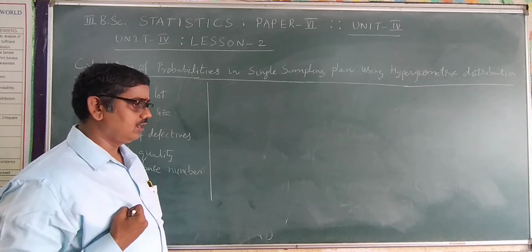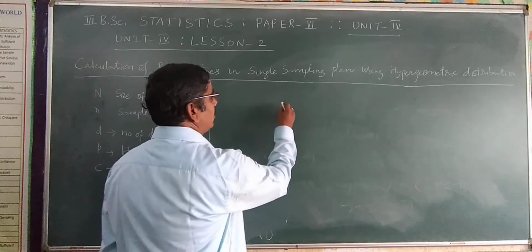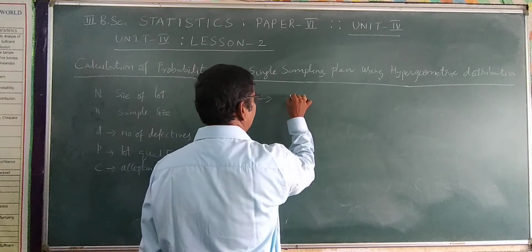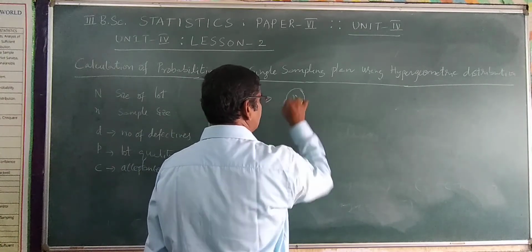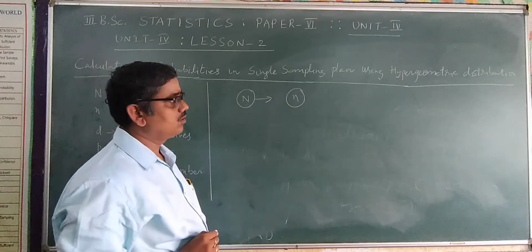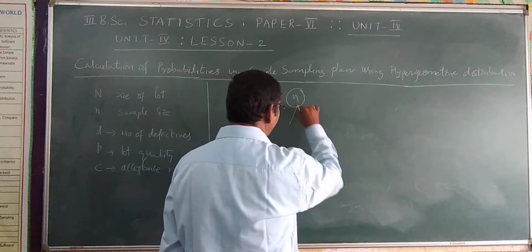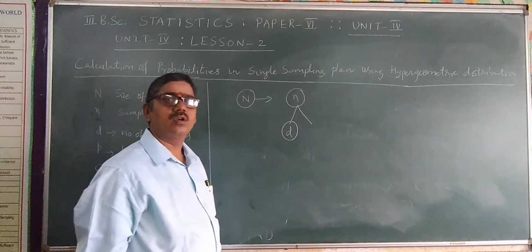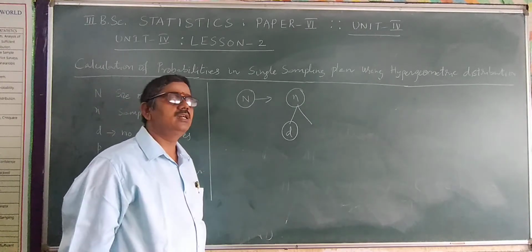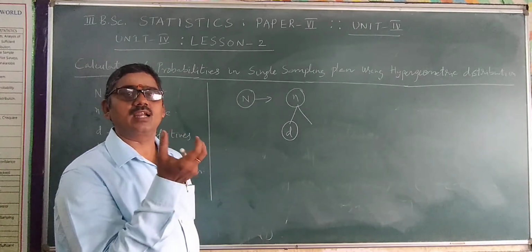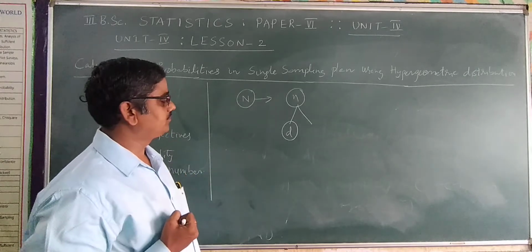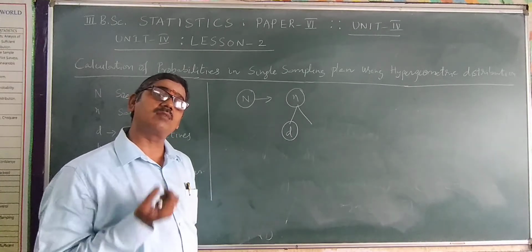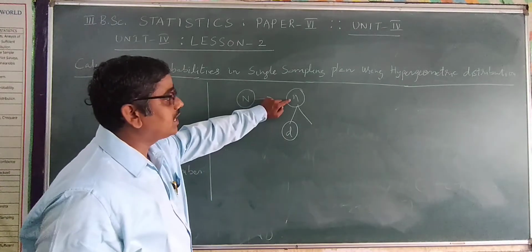Consider capital N as the size of the lot, from which you have taken a sample of size small n, in which we have discovered that there are d defective items. Then how many non-defective items are there in the sample of size n?